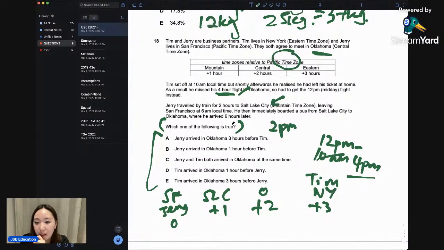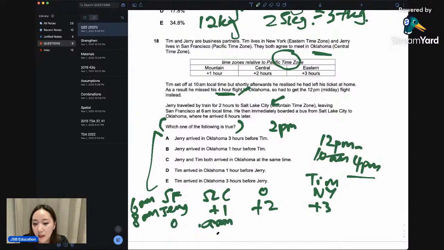Now, Jerry, on the other hand, is traveling by train for 2 hours to Salt Lake City, leaving at 6 a.m. So if he leaves here at 6 a.m., then he's arriving at Salt Lake City at 8 a.m. Again, stick to the same time zone. And then he's boarding a bus from Salt Lake City to Oklahoma, where he's arriving 6 hours later. So what time? Well, actually, no, let's move over here. Sorry, I feel like that's not the best way to do it.